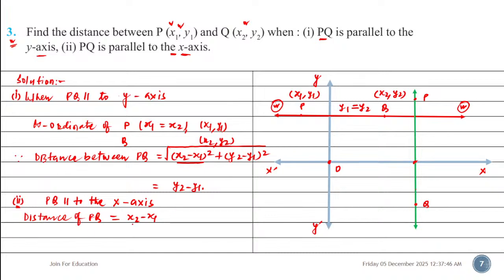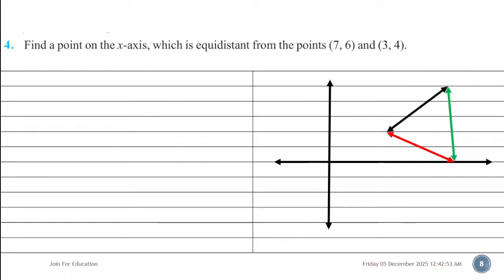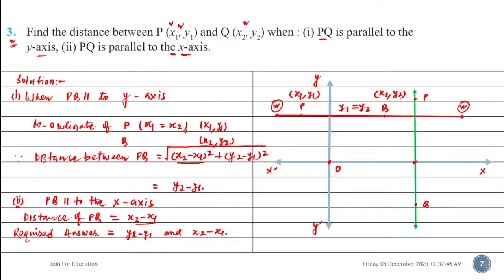So required answer will be y2 minus y1, and this is the x2 minus x1. So observe there is no problem to understand the solution of this question.